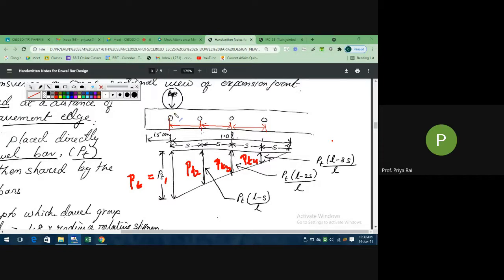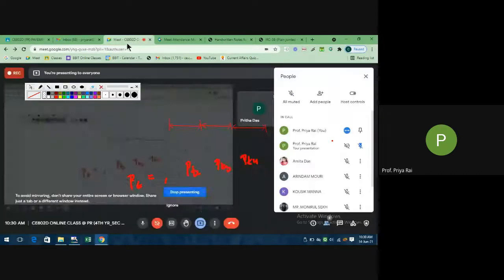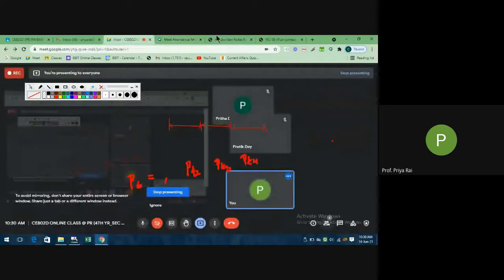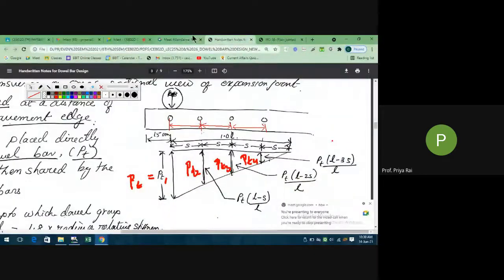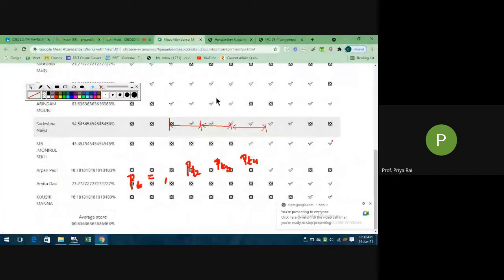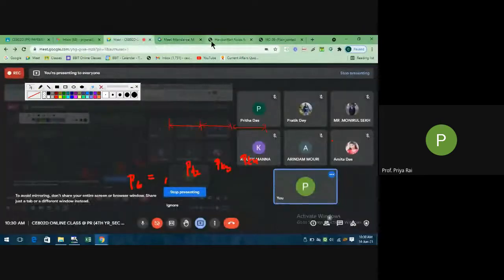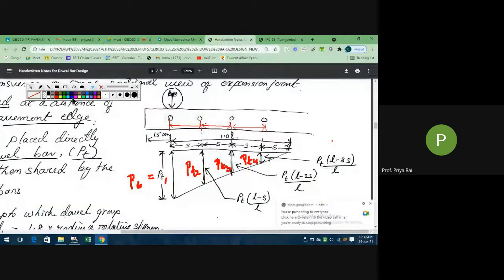Diameter, length, and... So these are S. S means spacing. So these are the spacing. That's why I have written it as S. Now you know these distances are the spacing.